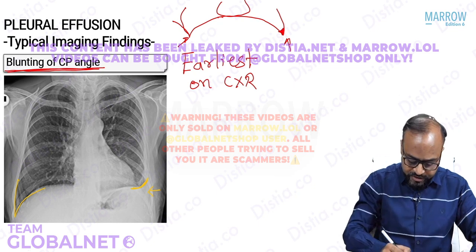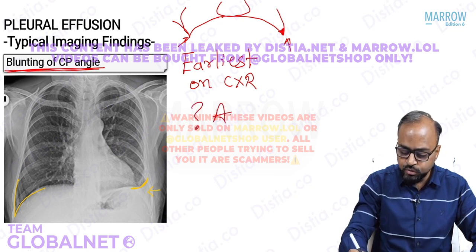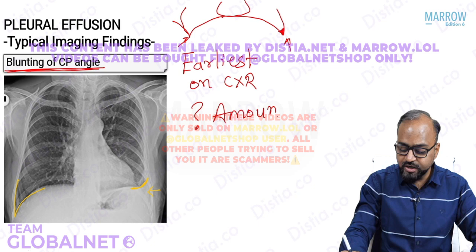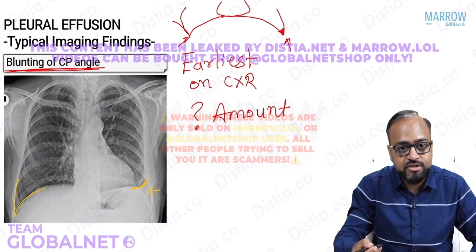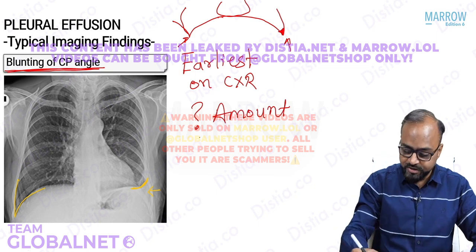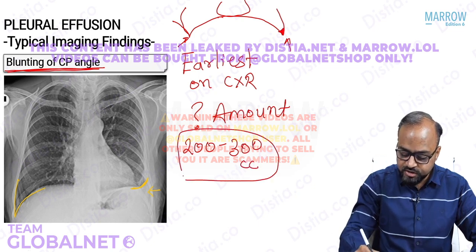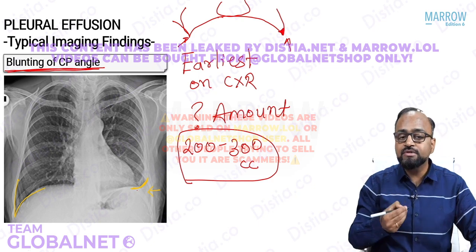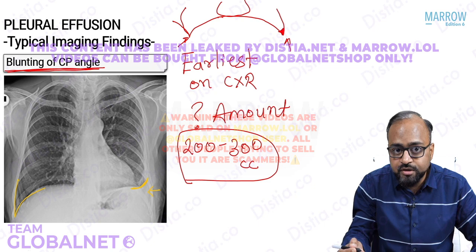Now, when you see that there is a blunting of CP angle, what is the approximate amount of fluid that you expect to be there in the pleural cavity in such cases? Remember, the amount of fluid expected to be there in the pleural cavity is roughly around 200 to 300 cc. How is it that it is just a small blunting of CP angle which is seen on radiograph, but the amount of fluid is so large, around 200 to 300 cc?